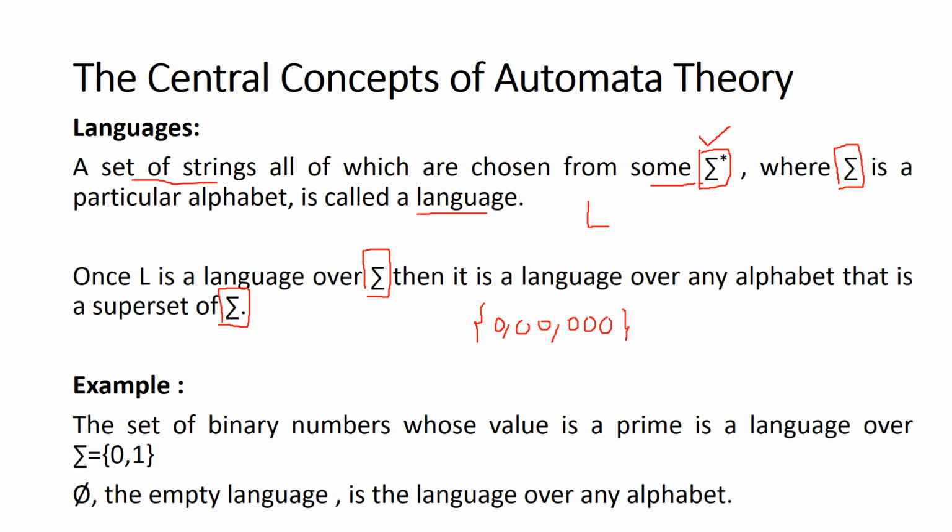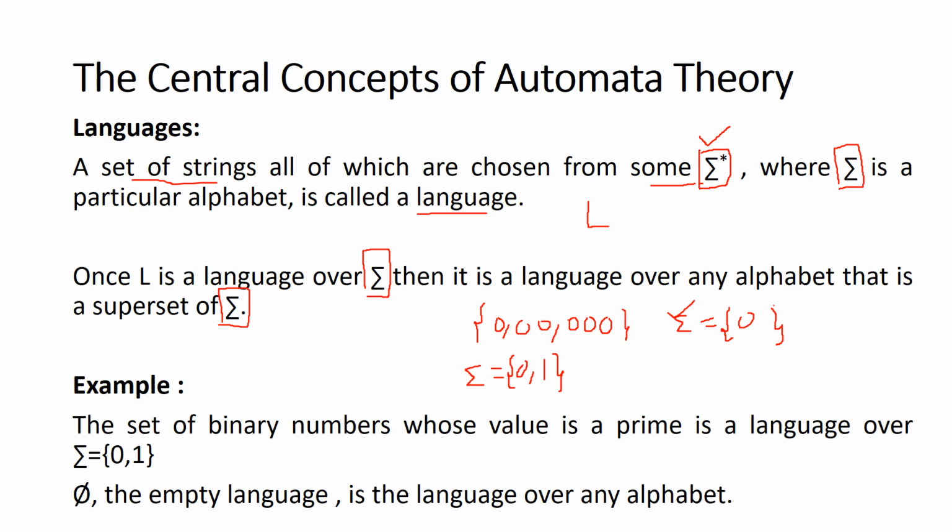This is a language over sigma which is equal to the alphabet 0. Now, this is also a language over the alphabet sigma which is equal to 0 comma 1, and 0 comma 1, which is an alphabet, is a superset of the alphabet 0. So therefore a language L, which is a language over sigma, is going to be a language over any alphabet that is a superset of sigma.